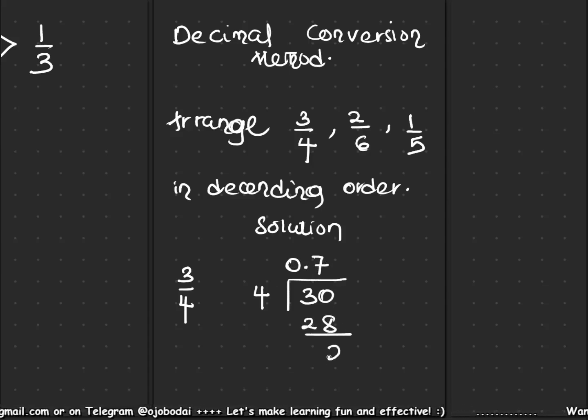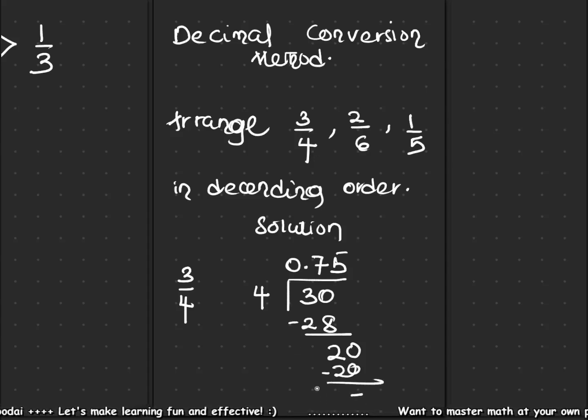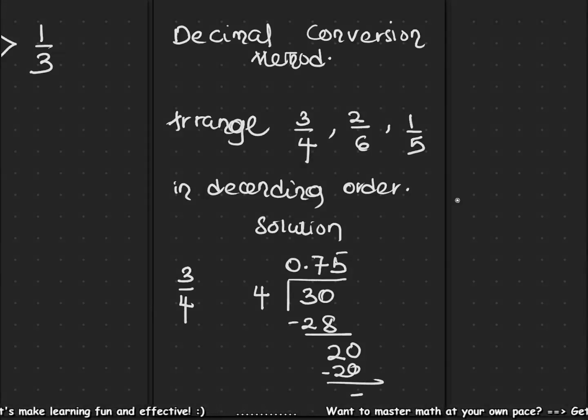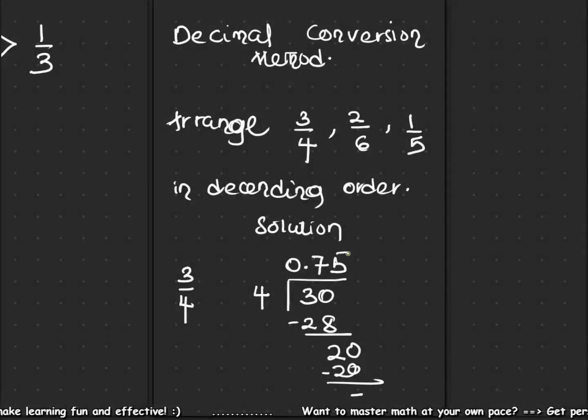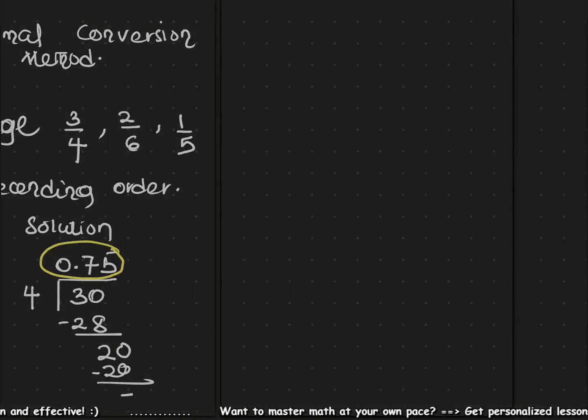If we subtract, we have remainder 2. And then our decimal point allows us to add another 0 to it. So 4 into 20, 5 times. 4 times 5 is 20, and if we subtract this time around, we have nothing. So 3 over 4 in decimal becomes 0.75.